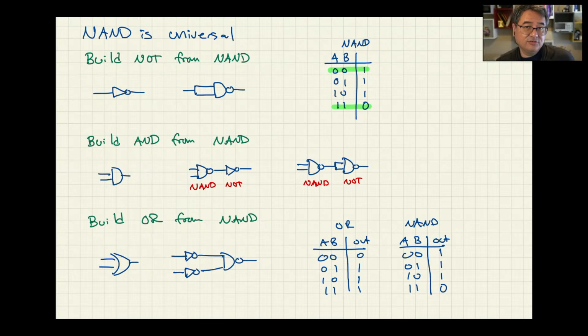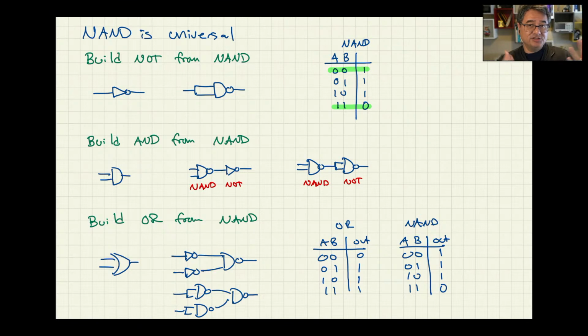Well, we know how to build two NOTs, right? You just use NANDs for that as well. And this is our OR gate. So we've shown here that you can build NOT, AND, and OR out of just NANDs.